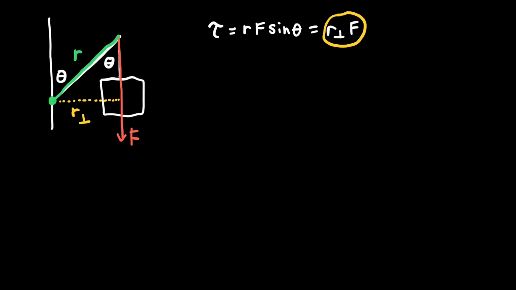Another way that we have defined torque is, ignoring the fact that we're dealing with these angles here, just saying that only the perpendicular part of this force relative to R is going to cause any rotation. And then asking, what is that perpendicular part of that force?